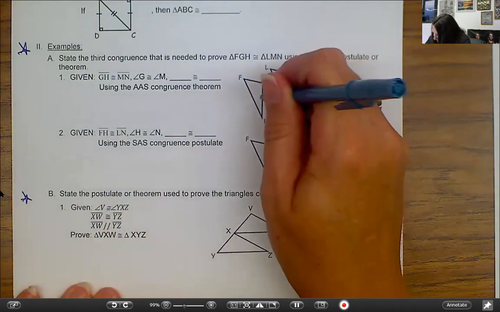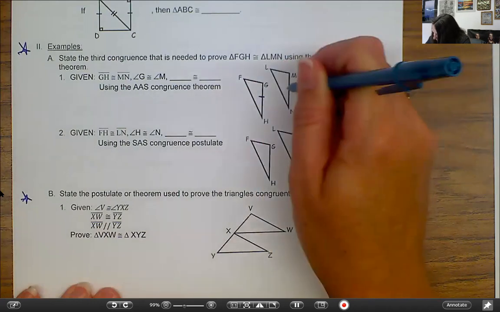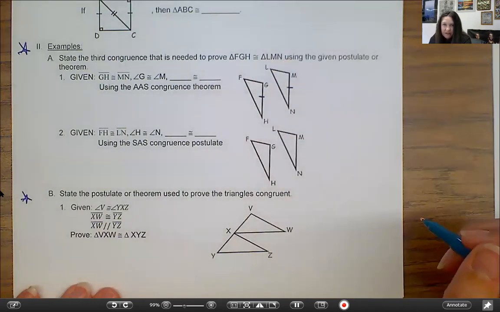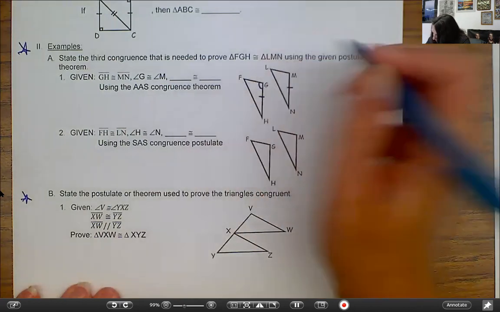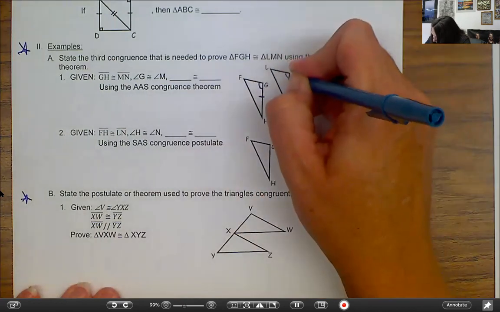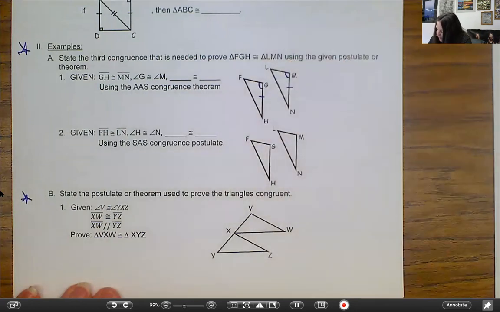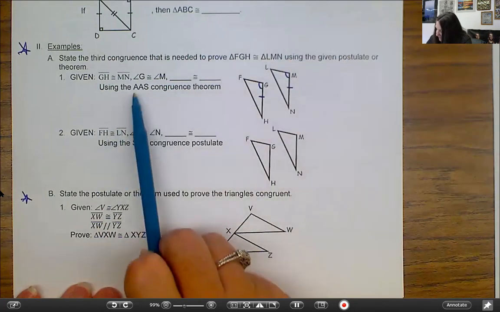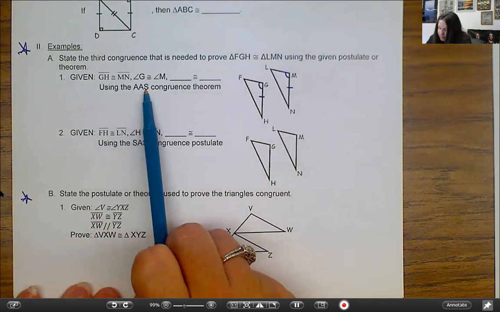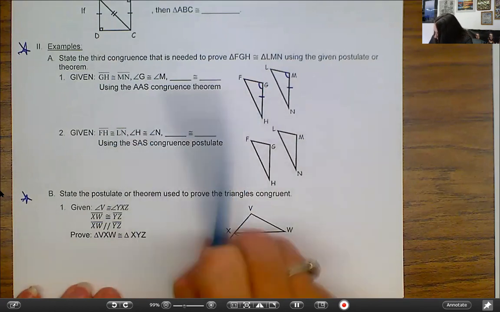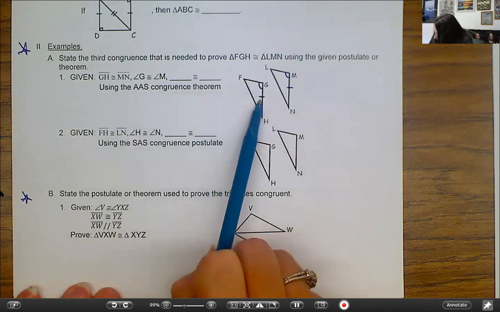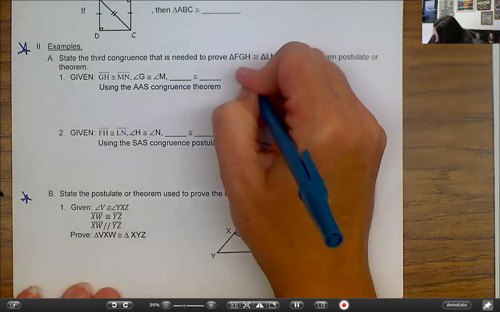So we have GH congruent to MN, and we have angle G congruent with angle M. Now, if we want to be using the case angle, angle, side, I want those parts to be listed in that order. So I want an angle, and then a side. So it tells me I'm going to need angle F.